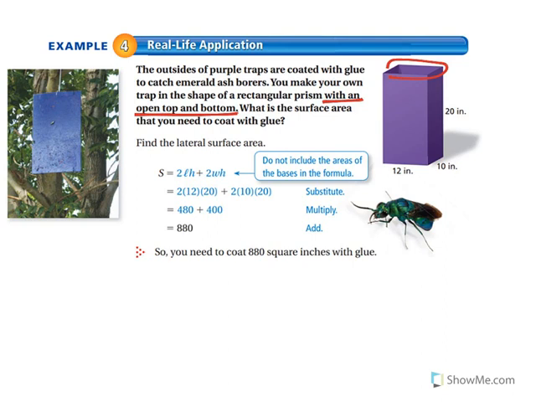So really what we're doing is we're looking for the lateral surface area. It's everything except for the base, the two bases. Okay? So in this case, we're going to have surface area. I'm going to do this slightly different. I'm going to say it's the front and the back plus the area of the two sides, the two other sides.